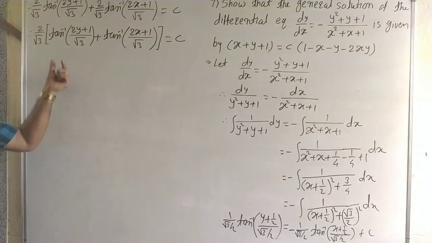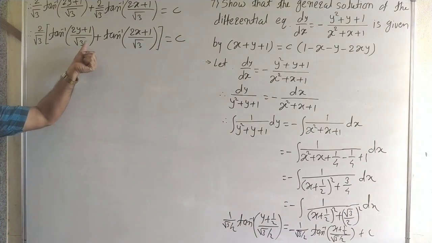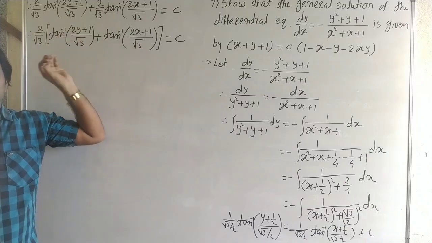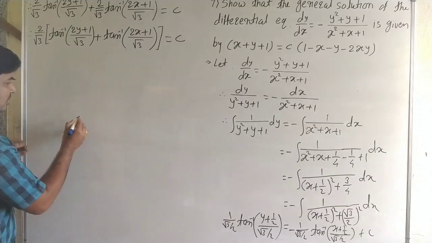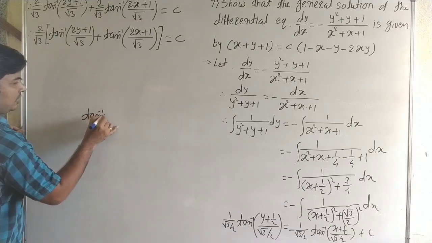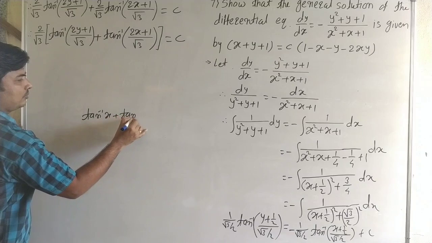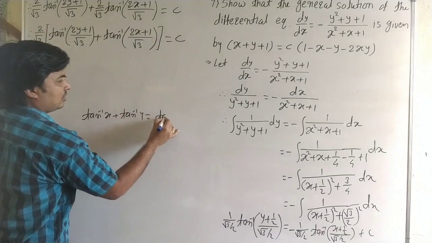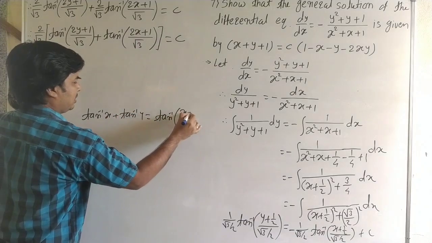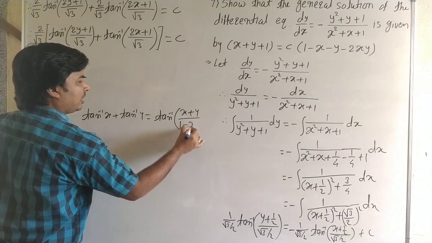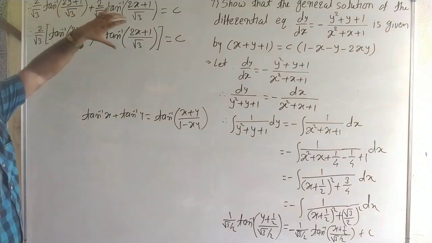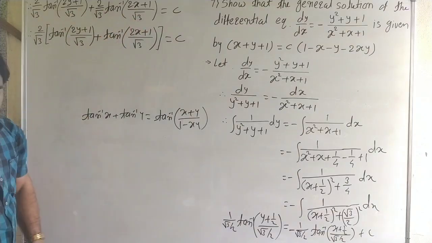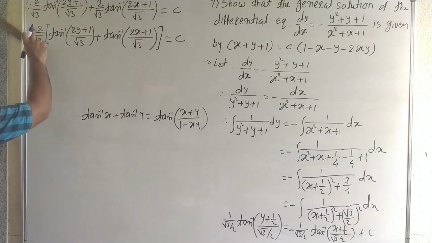Okay. Now here tan inverse x plus tan inverse y, here we use the property of the inverse trigonometric function. Tan inverse x plus tan inverse y is equal to tan inverse of x plus y upon 1 minus x into y. It is a property of the inverse trigonometric function. Here consider this is x and this is y, and then adding them. Therefore it is 2 upon root 3, we can write here.